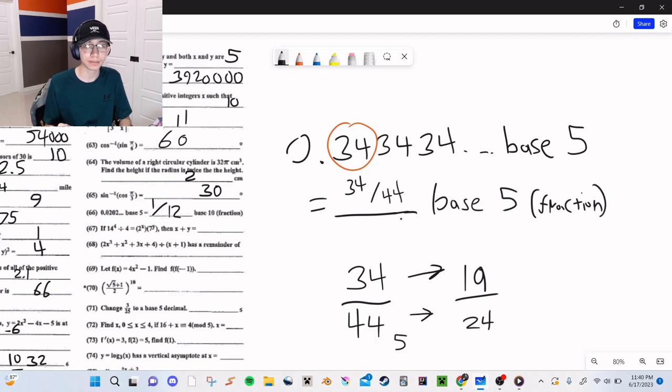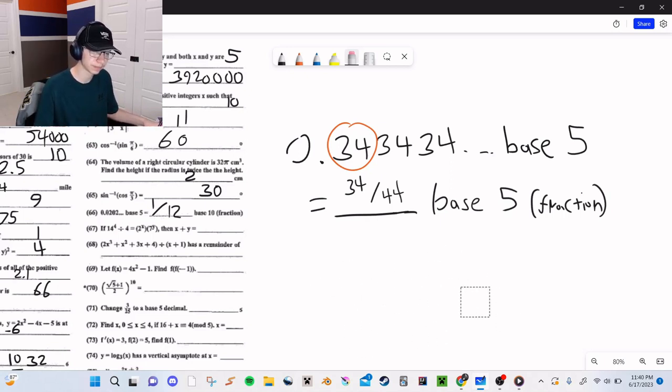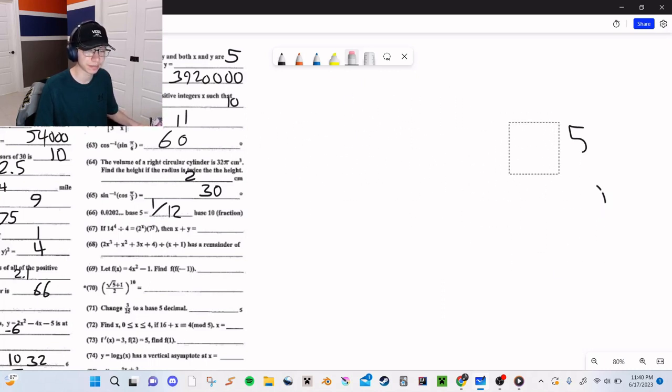And if it doesn't, well then it doesn't. And even though it looks kind of cursed, that is the answer. So 34 over 44 without reducing. And sometimes you'll see questions like that, where you think you have to reduce, the answer looks like you should reduce, but you don't have to.